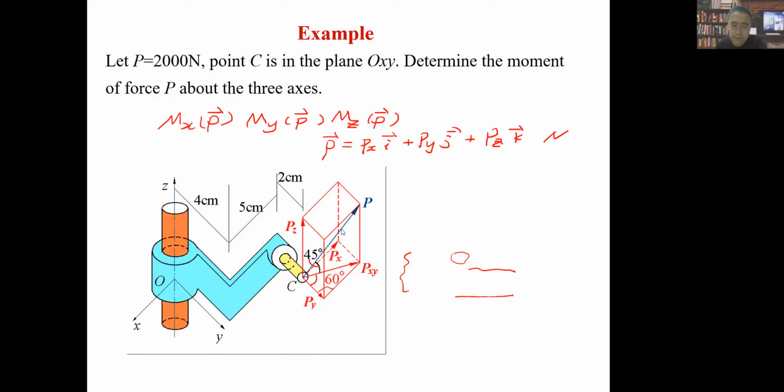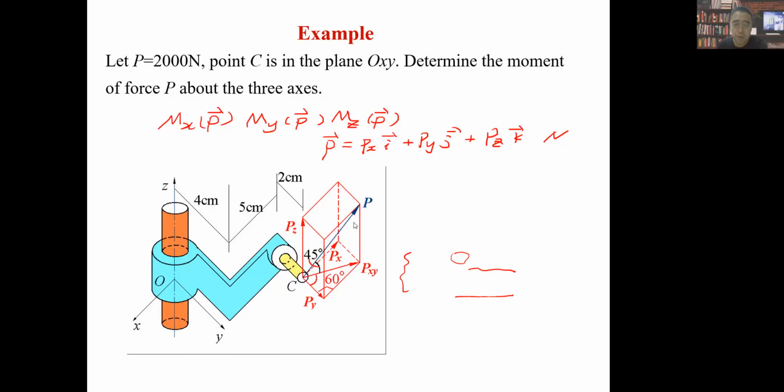Actually, this procedure is very complicated. A more commonly useful method is to first decompose this force P into three components. That's what I wrote here: P equals Px i plus Py j plus Pz k. You can also see that in this picture.